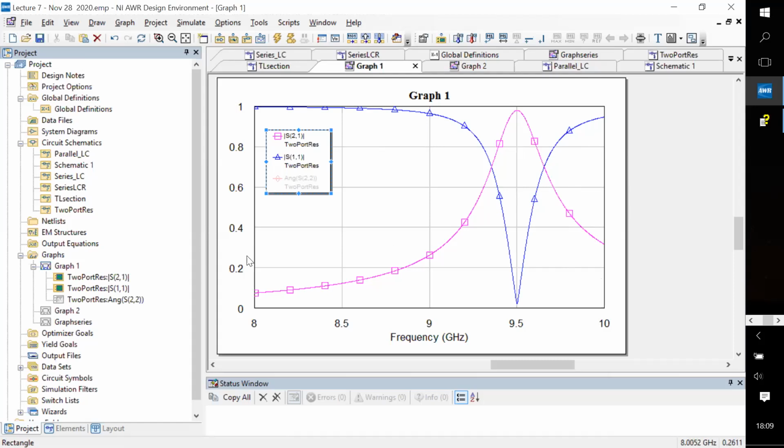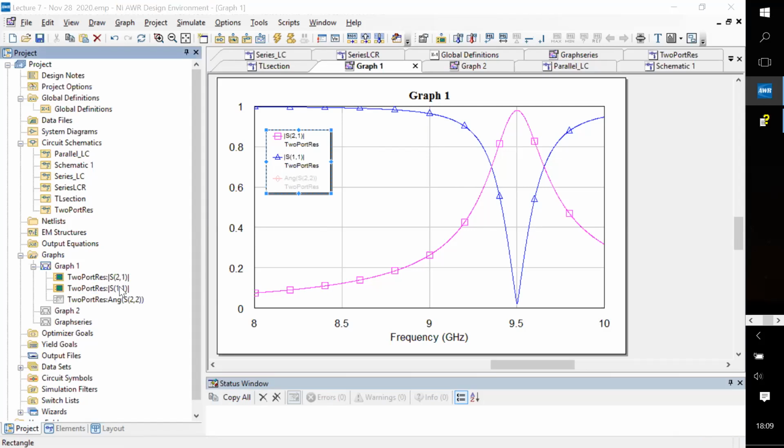So if you remember that earlier we had looked at the reflection resonator, I had told you that the cleanest thing to look at is the real part, which has a peak or a dip, and then look at the full width half max. That gives you the bandwidth. For the transmission line, for the transmitting resonator, a 2-port resonator of this type, you can actually do the same thing.